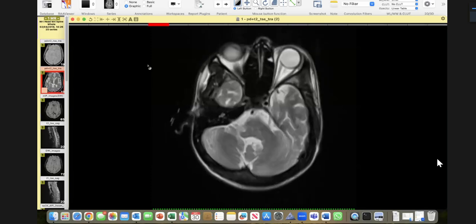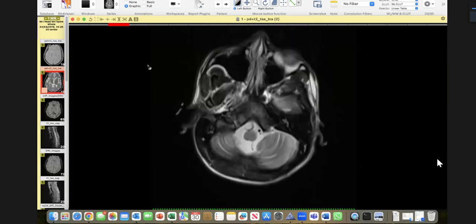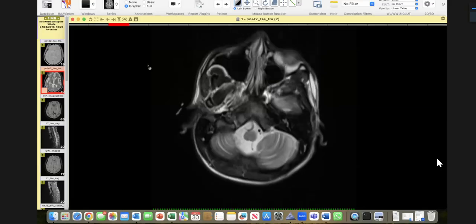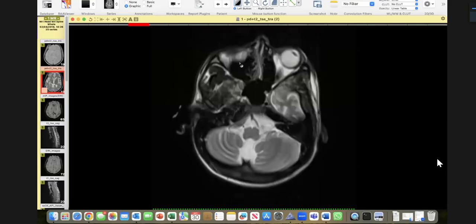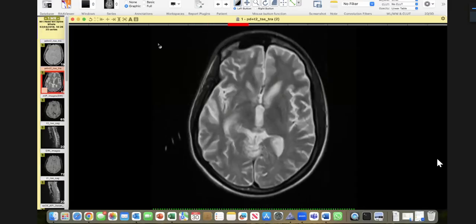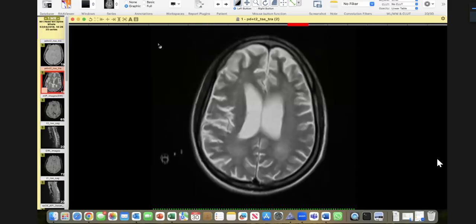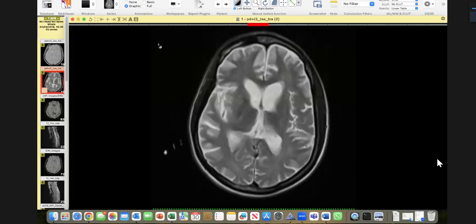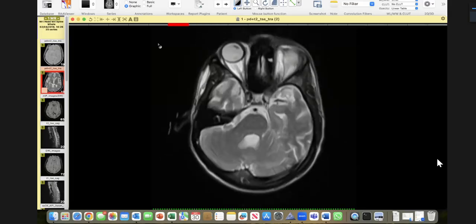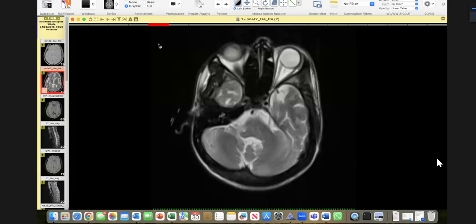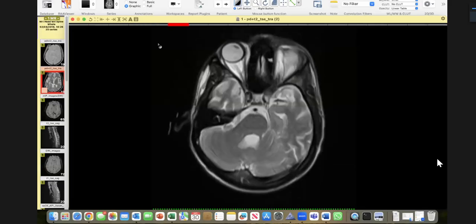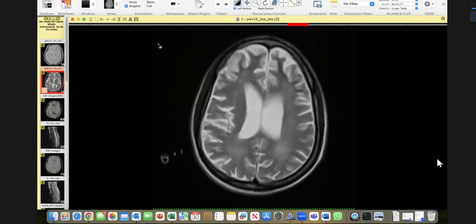I'm scrolling through. One second. There is still the striking abnormality of dilated ventricles and CSF spaces disproportionate to the patient's age, with apparently diffuse supratentorial atrophy given the age.